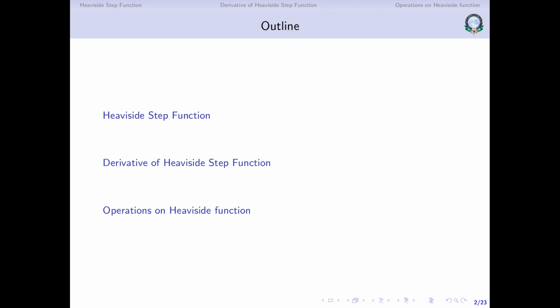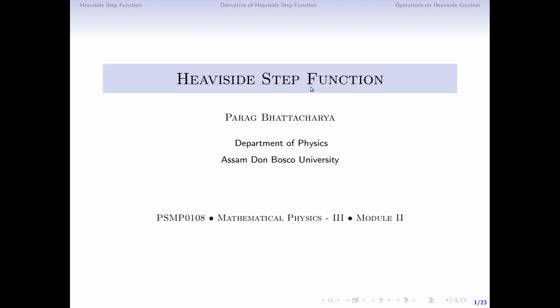Now I'd like to clarify something over here. That is the Heaviside step function, even though we have used the word function here, and the same thing holds good for the Dirac delta function also. Even though we have used the word function here, to be more accurate, we should really be using the word distribution, because it is not really a function, it is a distribution.